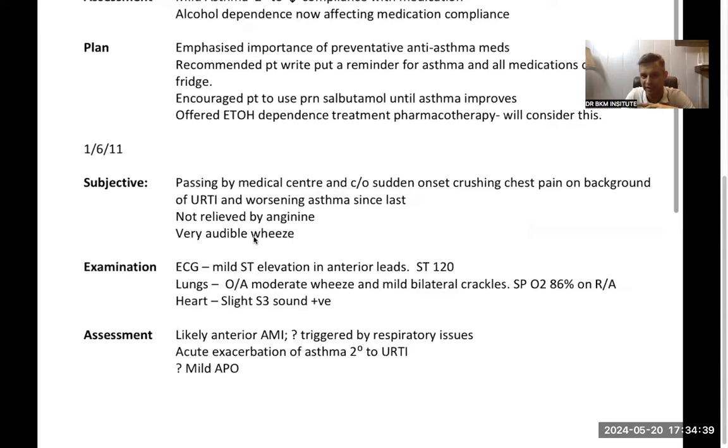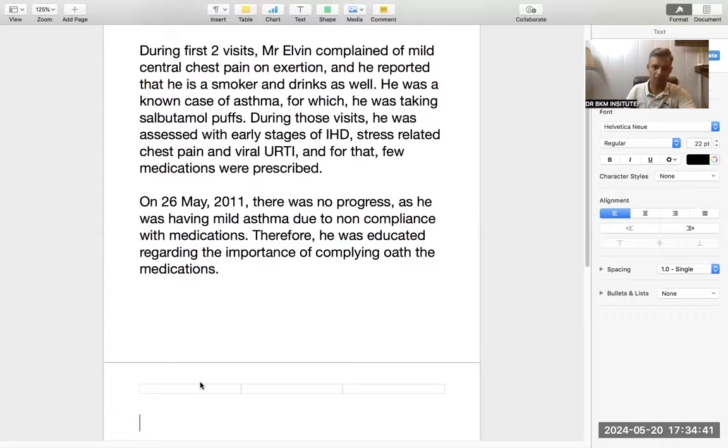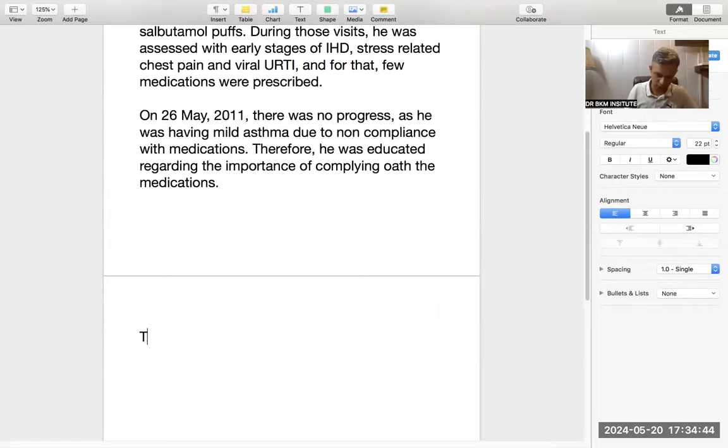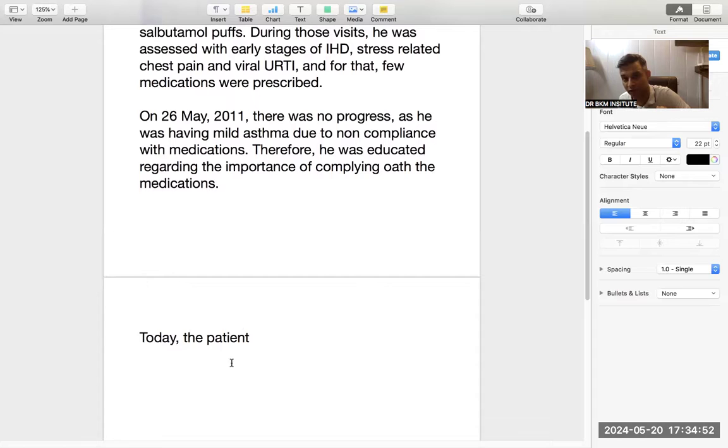Today the patient, now grammar. Earlier we were saying patient was admitted, passive voice, patient was diagnosed, he was educated. Now was becomes has been.